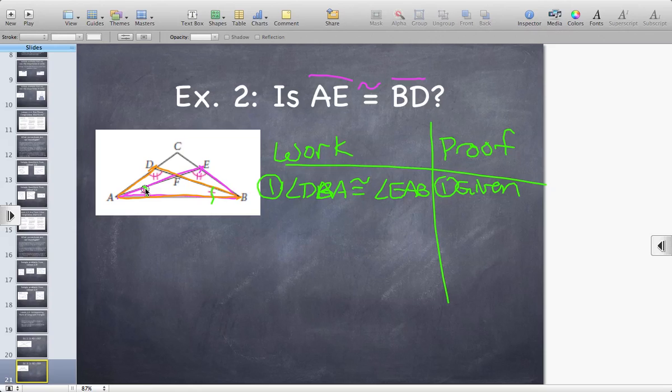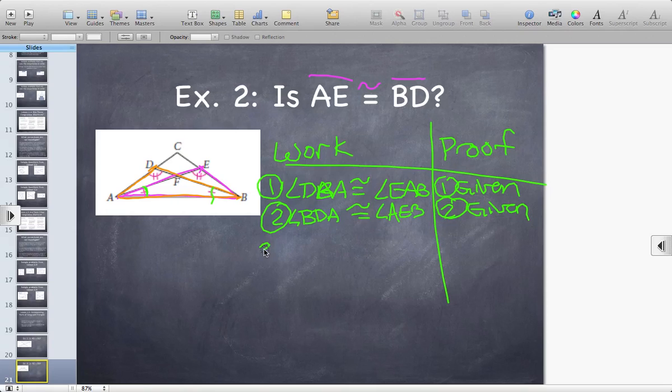We also know that angle BDA, rearranging the letters just a little bit, is congruent to angle AEB. And again, that's given to us by the markings. So that makes it nice and easy for us.